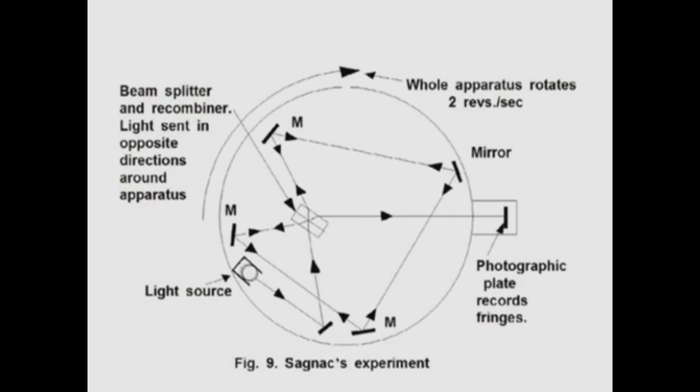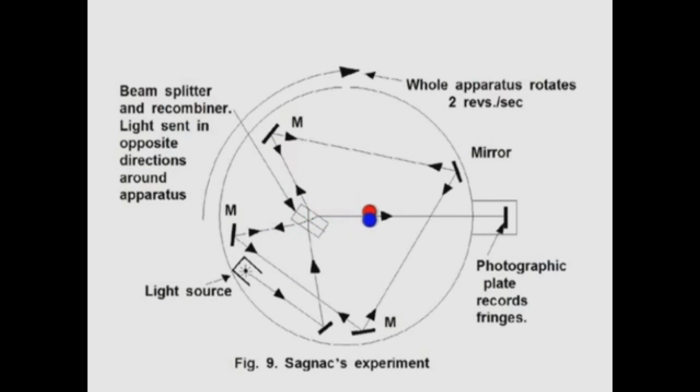A beam of light leaves the light source at the bottom left-hand corner and is split into 2 different beams, which we have coloured red and blue just to distinguish them. They travel round the circuit in opposite directions until they eventually reach the splitter, which also recombines them.